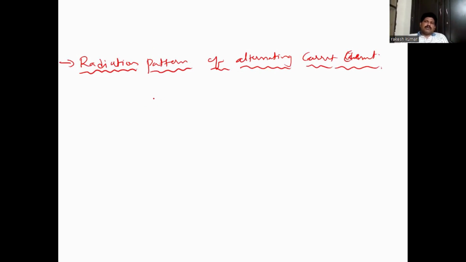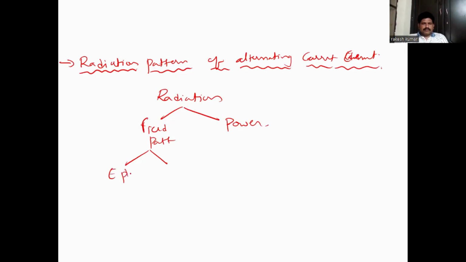So if you want to draw the radiation pattern, the radiation pattern I have already studied is classified into two types. One is the field pattern and the other one is the power pattern. Coming to the field pattern, I have studied the E plane and the H plane.